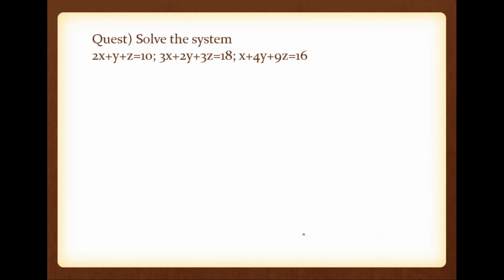So here in matrix form, what do we have? A is equal to 2, 1, 1, 3, 2, 3, 1, 4, 9. B is equal to 10, 18, 16.